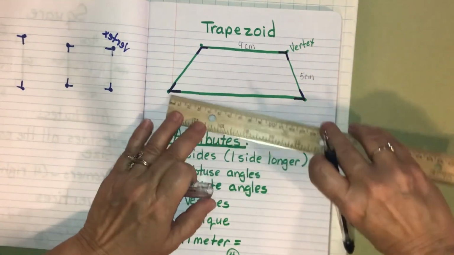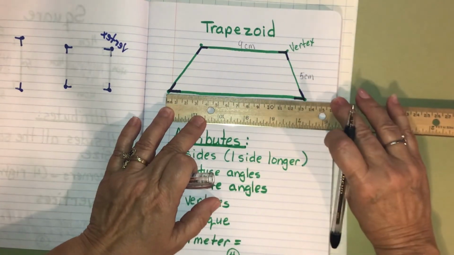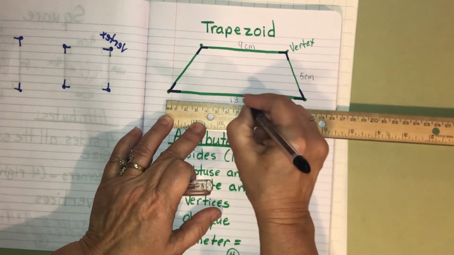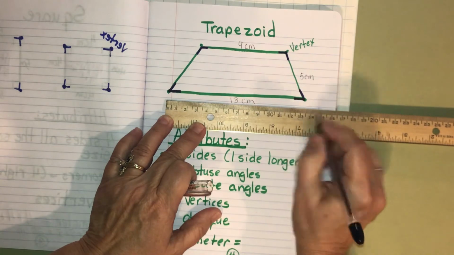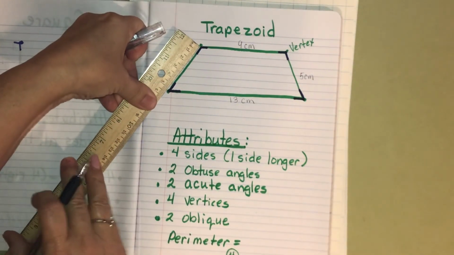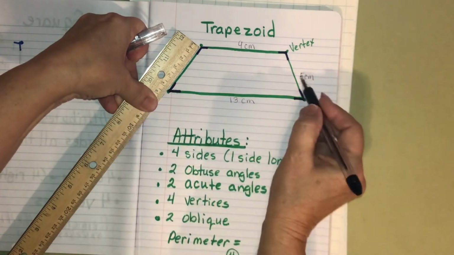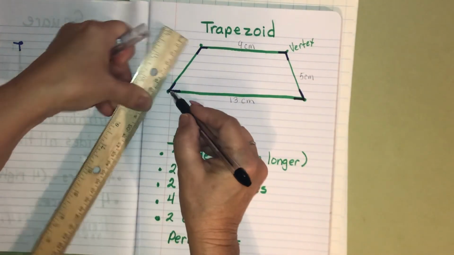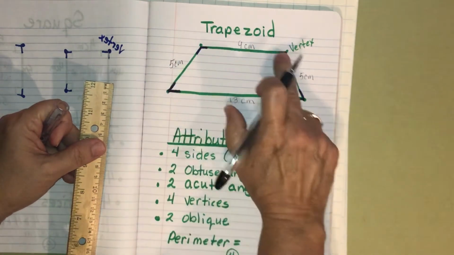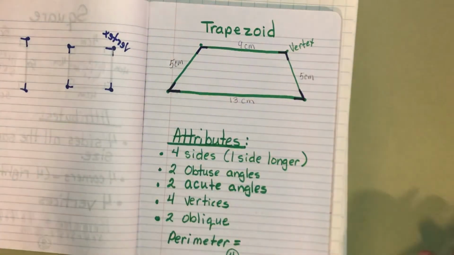Now your numbers may be totally different from mine because we did not measure it. We just went ahead and drew it. This one is 13 centimeters. And hopefully this one is close to that one, closer to the 5 centimeters. Now if you have one longer than the other, no worries.